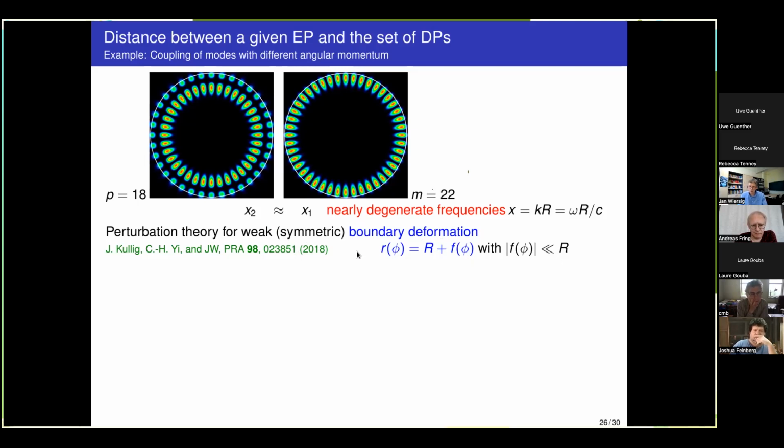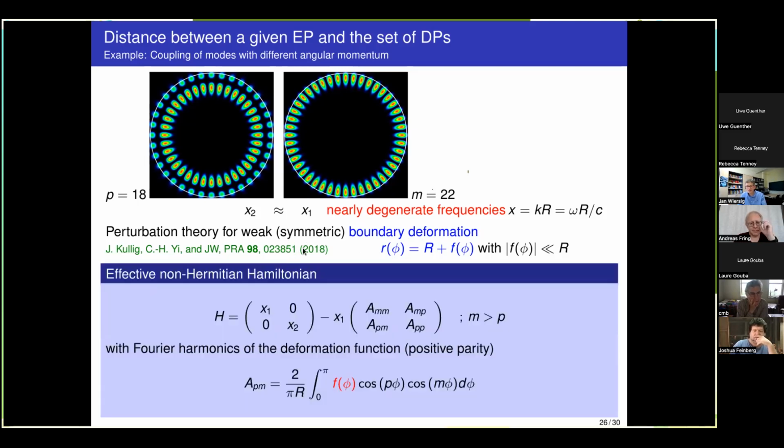I don't want to show the formulas, this would be another talk. The final result is, for these two modes, I end up with a 2x2 Hamiltonian. It looks like this. x1 and x2 again are the complex frequencies. The A's are the Fourier harmonics of your deformation function. So if you know the deformation function, you know all the matrix elements.